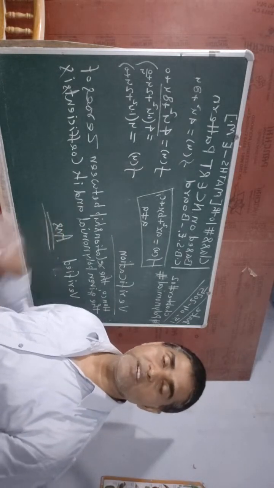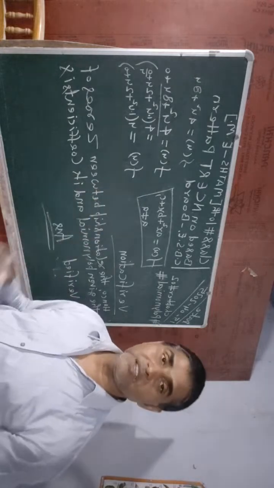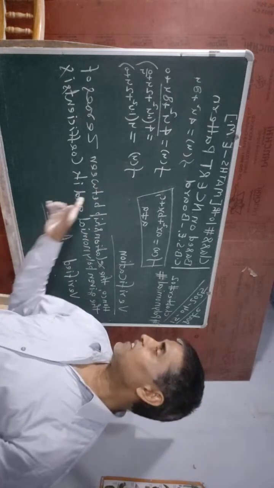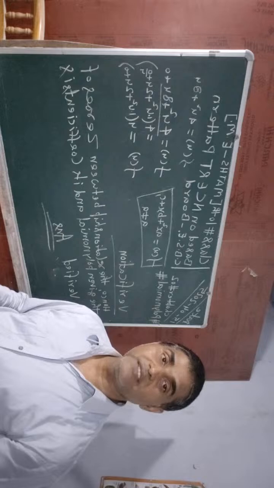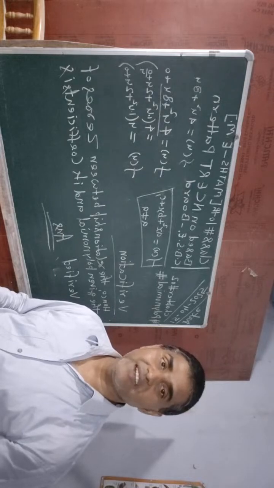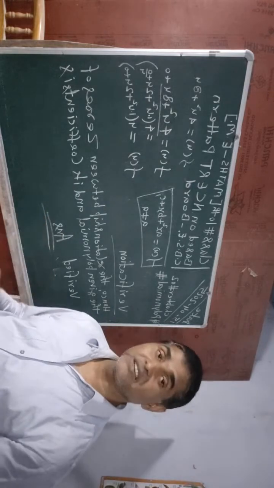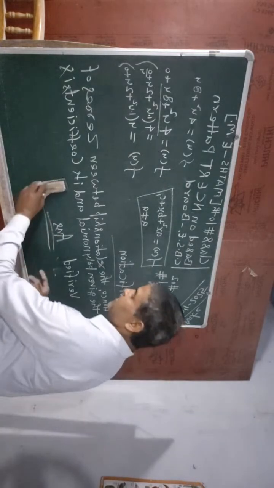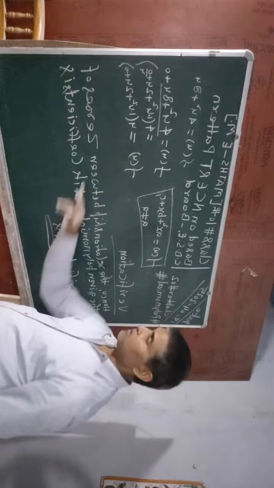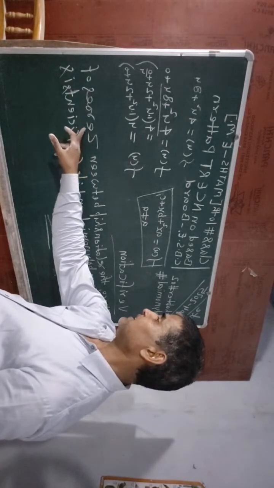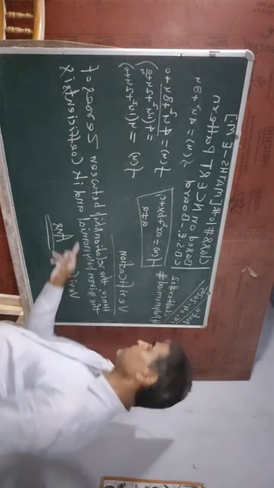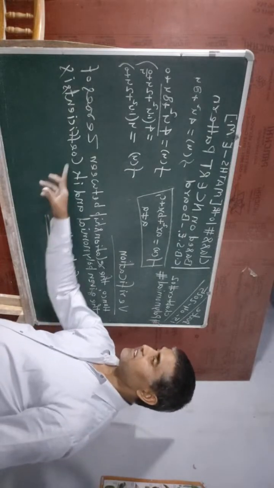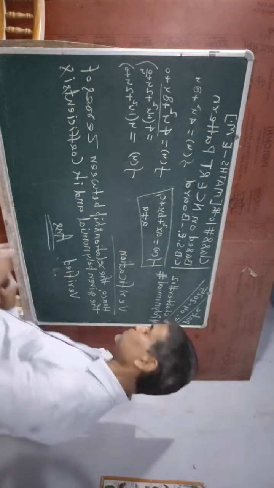If these two conditions hold in the given equation, it means that the relationship between the zeros of the given polynomial and its coefficients is verified. Okay students, so in this way I have explained that the relationship between zeros and the coefficients of the given polynomial is verified.